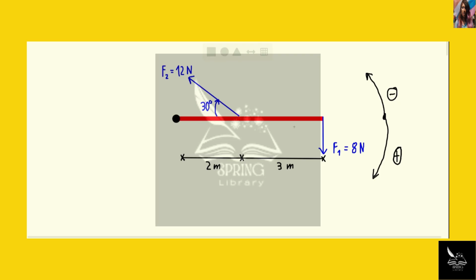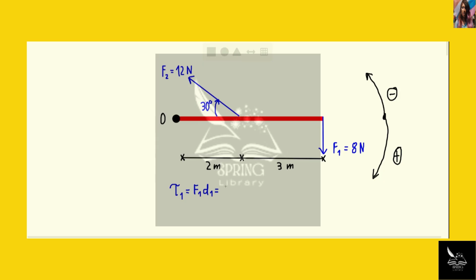We have these two vectors of force acting on this rod, and we want to calculate the torque about this part, this origin. So let's begin with this one. Force 1 is going to exert torque 1, and that is going to be equal to the force times its distance from the center of rotation.